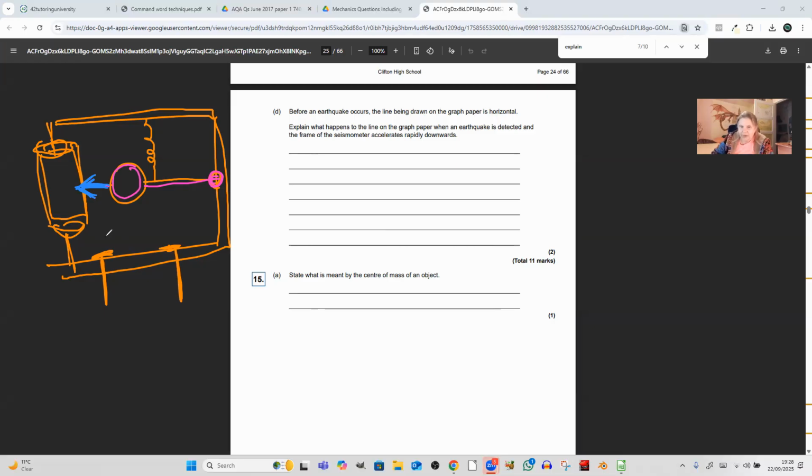Right, now we've got to explain that. How do we explain that the line goes up? Now remember the structure of an explain answer. Explain is key fact, consequence.